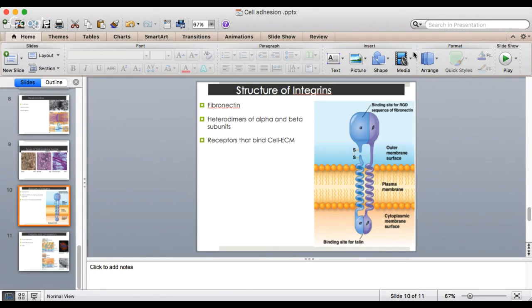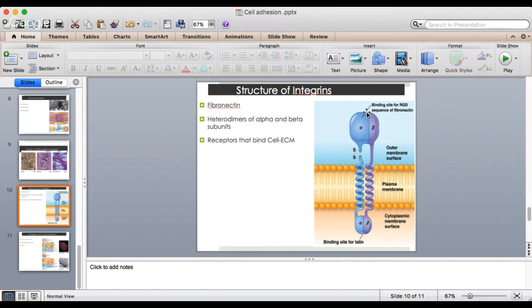In the figure shown, this integrin is a fibronectin receptor. The integrin has a fibronectin binding site at the outer membrane, which is shown here by the alpha beta subunits.